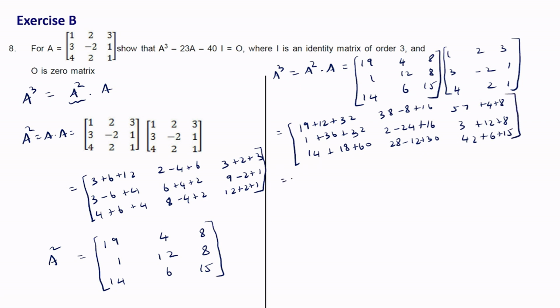So this, when we simplify, we get 63, 46, 69, then 69 minus 6, 23, 92, 46 and 63.